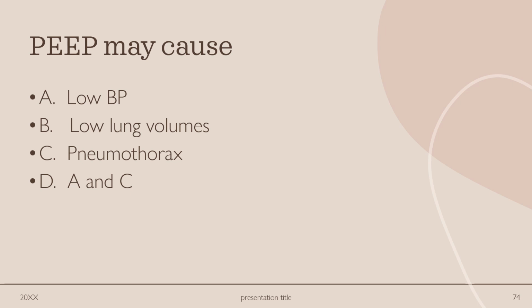Also, if we're giving too much PEEP, as we talked about previously, we can cause an air leak and a pneumothorax. So it really is that balance, and that good assessment and nursing care, and being mindful to take away support when the baby is showing you that they can tolerate it.